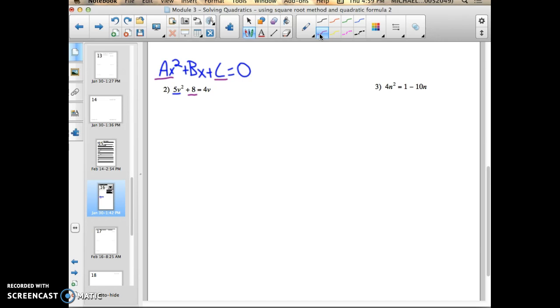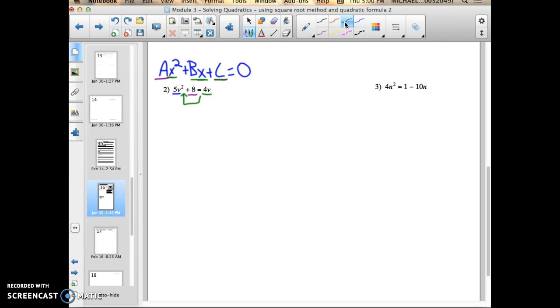In this case, my b term is on the other side of the equation. So, in standard form it's always the quadratic term, then the linear b term. So I need to move this piece, the 4v, over here, and stick it in the middle between 5v squared and 8, because standard form is always the quadratic term, x squared, then the linear term, x, and then the coefficient c.